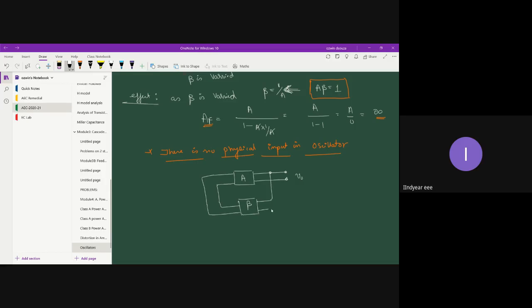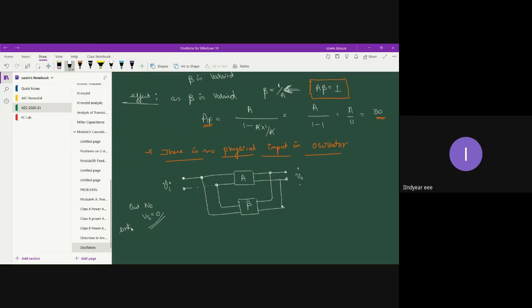This is how the voltage is tapped. Say this is positive and this is negative. I'm just giving you the leads in dotted lines, and I'm mentioning that this is VI. You're understanding, right? That is the voltage at this point, and this point is VI.